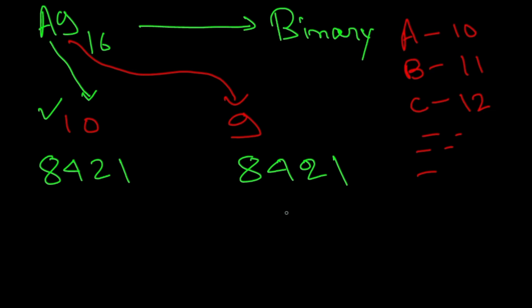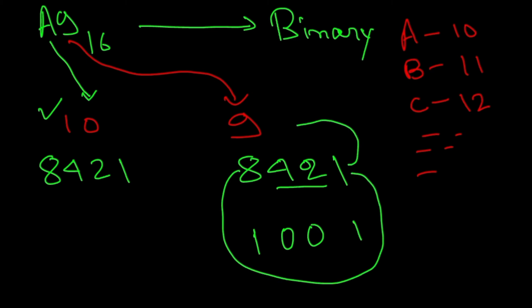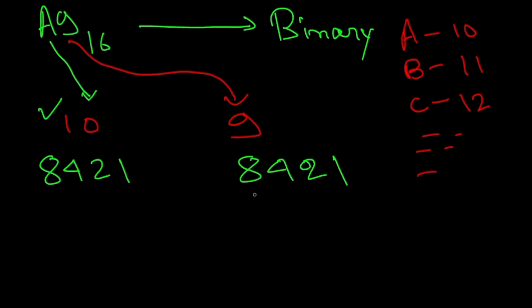So we put 1 for 8 and another 1 for 1, and the rest of the values will be 0. Actually, the numbers that give the output of 9 are written as 1, and those that do not are written as 0. So we will write 1 0 0 1.